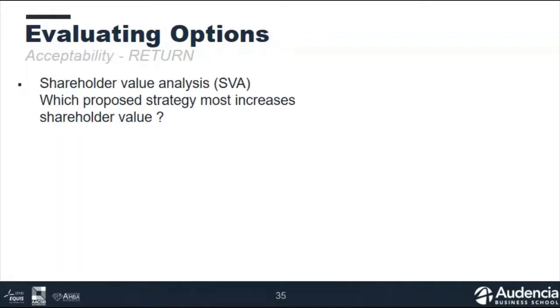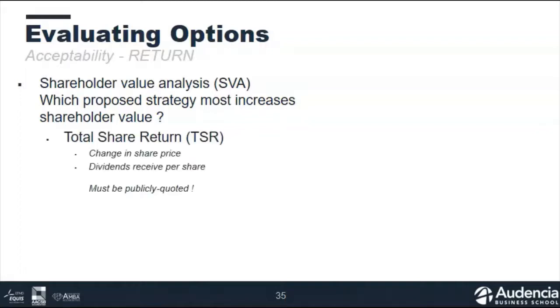The next way to assess return is through shareholder value analysis, or SVA. So we're going to ask, what's it worth to the shareholder? There's two ways to assess the return for the shareholder, either TSR, total share return, or the second one, EVA, economic value added.